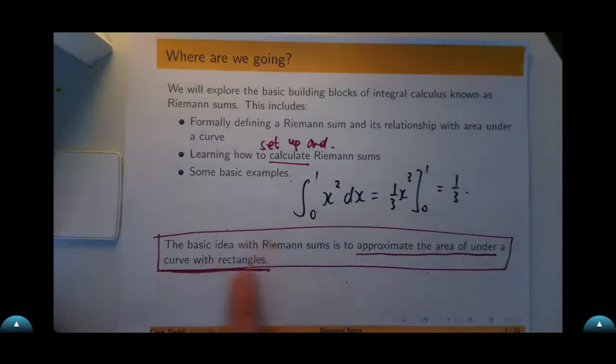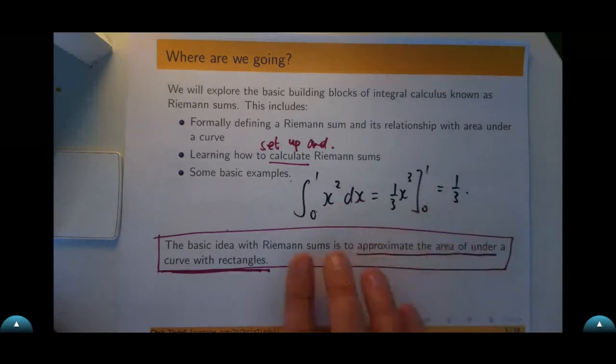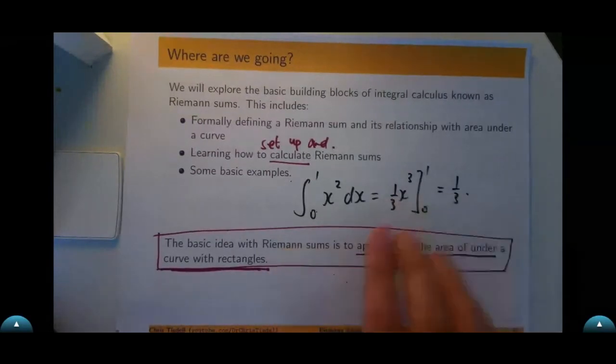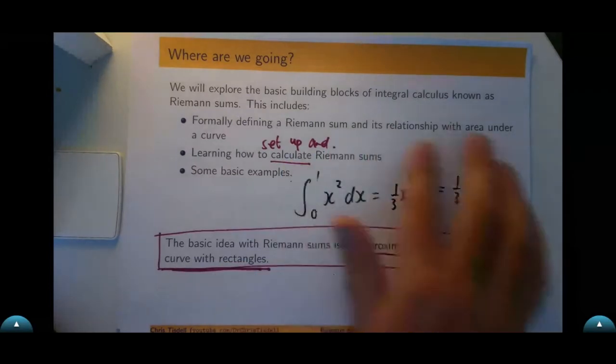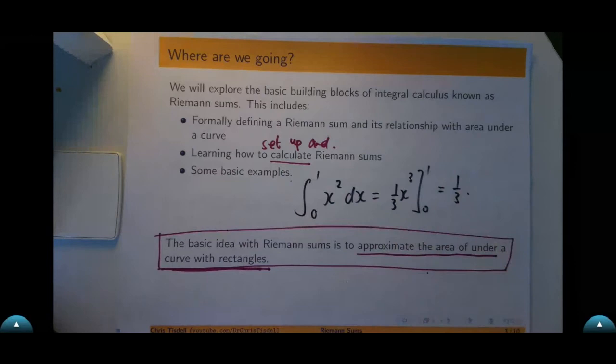So let me know in the comments, have you ever heard of a Riemann sum before? Farhan, it's a good question. Well, technically speaking, when you do Riemann sums, these are the basic building blocks of what's happening here. So you can learn about it, but you wouldn't effectively use it when you're doing the calculations unless you're absolutely asked to do it.